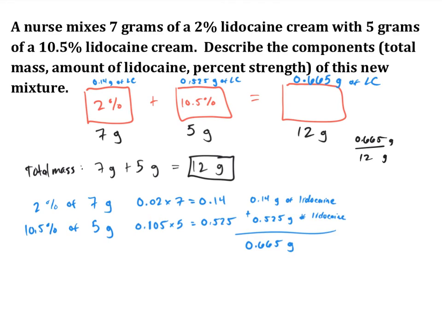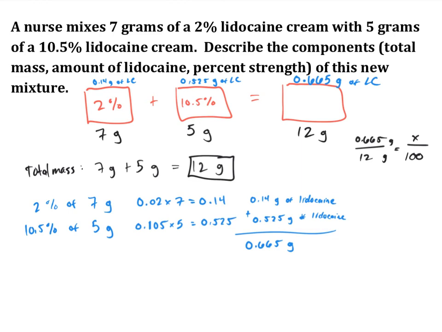So that's just a ratio. I could just put that division problem in my calculator, or you could set up a proportion. If this is the ratio of lidocaine to the total mass, what is that fraction in this case? What is that amount out of 100? Because the equivalent amount out of 100 will give us the percent.